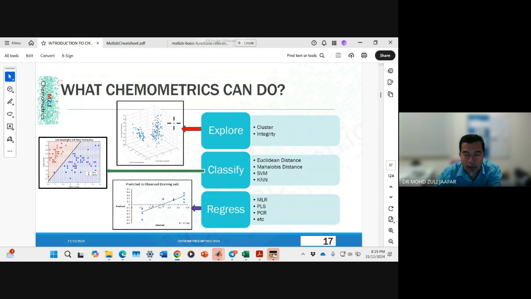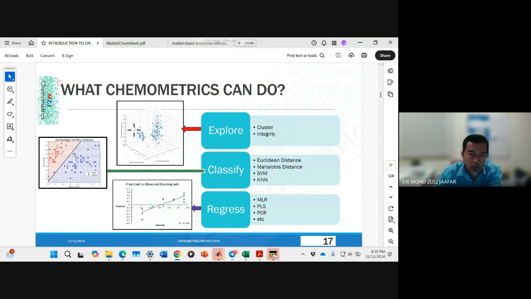Okay, right. If you already have data set, what you wanted to do? First of all, you have to be clear in your mind, if you want to do chemometrics, what kind of data set that you must generate or you must have. If you just want to get the cluster or you want to see the integrity of the data, you can use chemometrics to explore your data set.